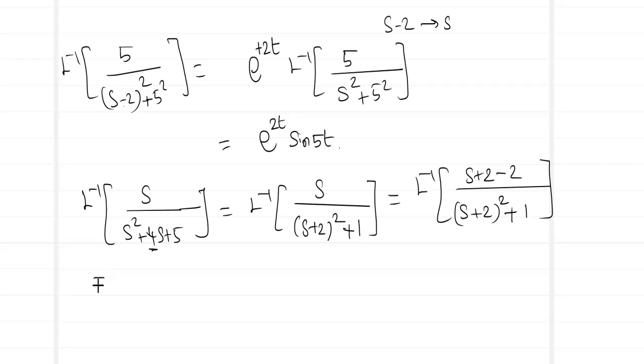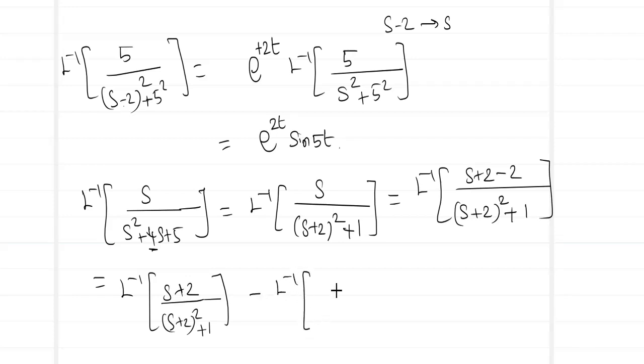Now, split it into two terms: s plus 2 divided by s plus 2 the whole square plus 1, and minus Laplace inverse of 2 divided by s plus 2 the whole square plus 1.